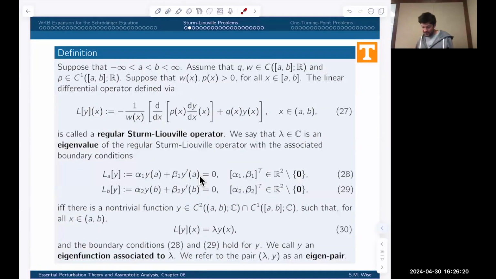So what's a Sturm-Liouville problem? Well, a Sturm-Liouville problem is an eigenvalue problem. You have some operator which acts on something, an object from a vector space, in this case, a function y. And we're looking for values lambda so that the operator, when it acts on certain functions y, just returns lambda times that same function.